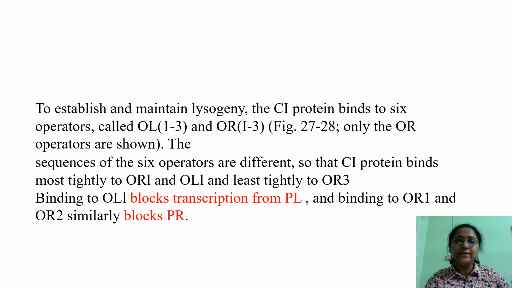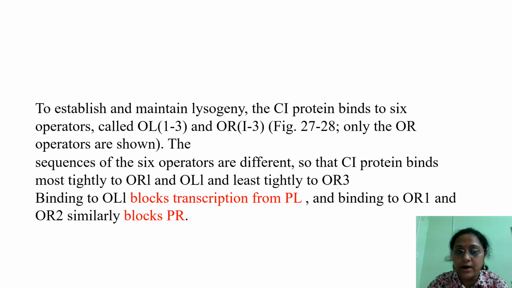And finally, to conclude, we can say that to establish and maintain lysogeny, we need C1 to bind to 6 operators. Okay, so there are 6 operators, largely speaking, OL and OR. And OL has 3 parts and OR also has 3 parts. The sequences of the 6 operators are different so that the C1 protein binds most tightly to OR1 and OL1 and least tightly to OR3.